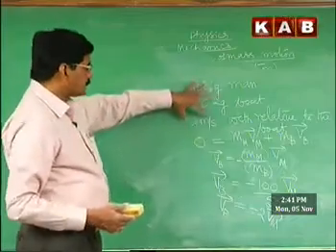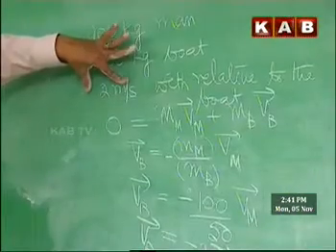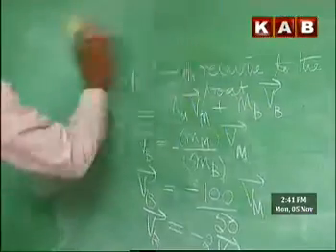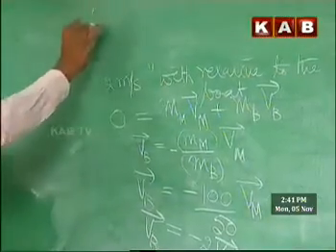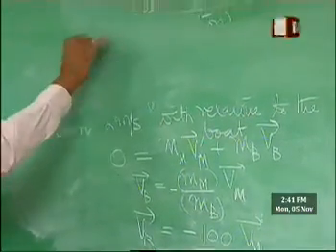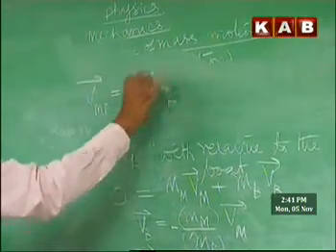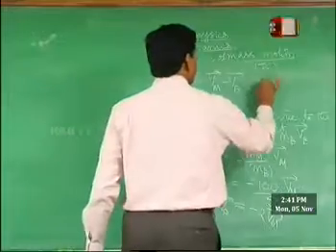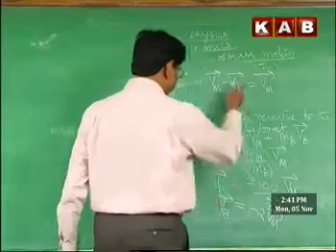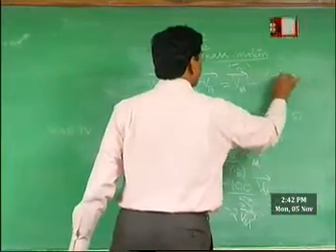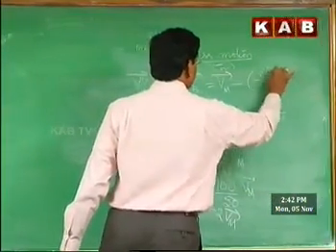But what is given is the magnitude of velocity of the man relative to the boat, which is 2 meters per second. Now we will calculate velocity of the man relative to boat: Vmb is Vm minus Vb. And Vb, as we calculated, is minus 2Vm.